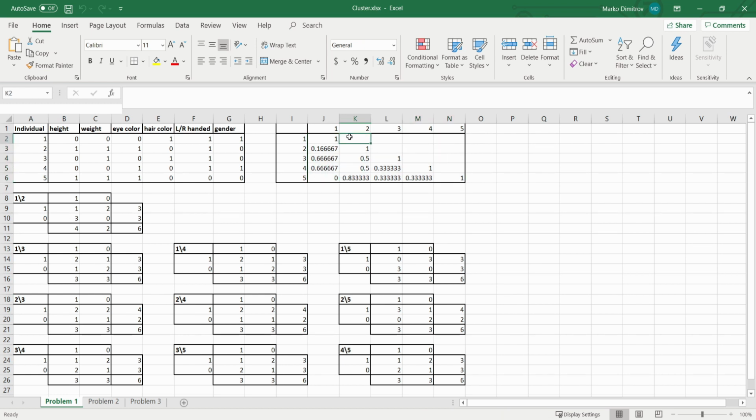When you compute the similarity coefficient for individuals 1 and 2, you should get the same for both of those. So if you compute for 2 and 1, it should be the same. And similarity between the same individual should be 1. So they're similar.